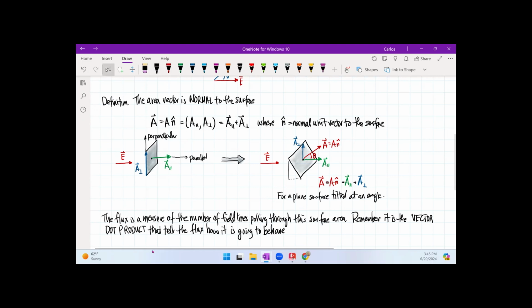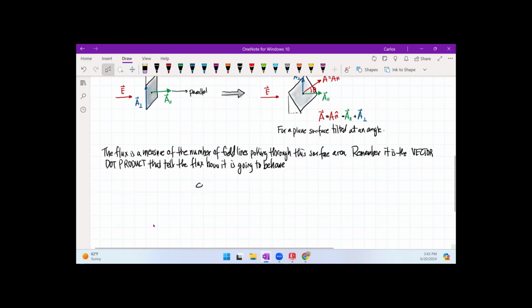And what I mean by that is that when I look at the flux, it's E dot A, but this is really E times A cosine of theta. So right away, you can see here is that this is angle dependent. So the flux depends on angle.